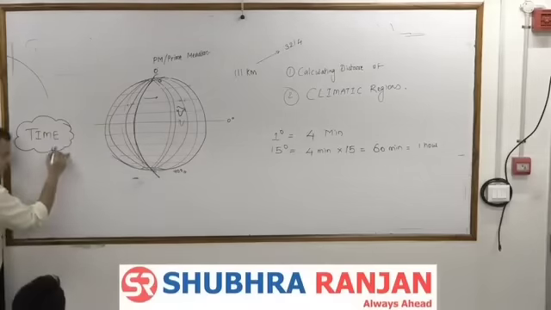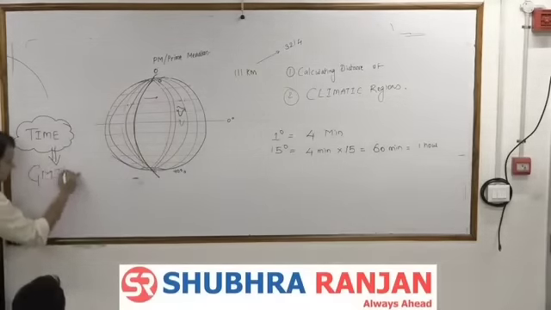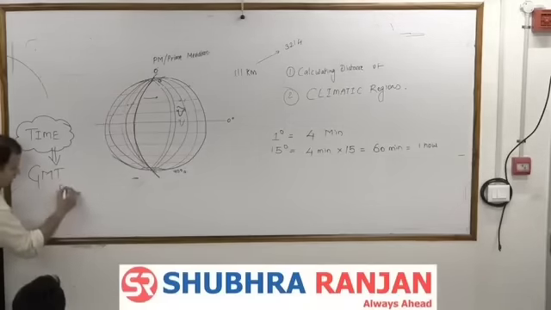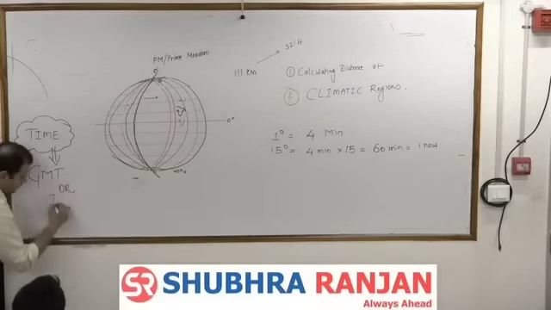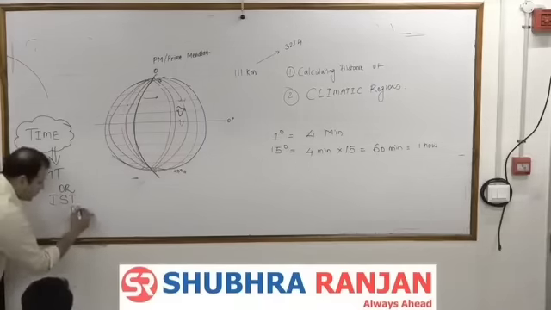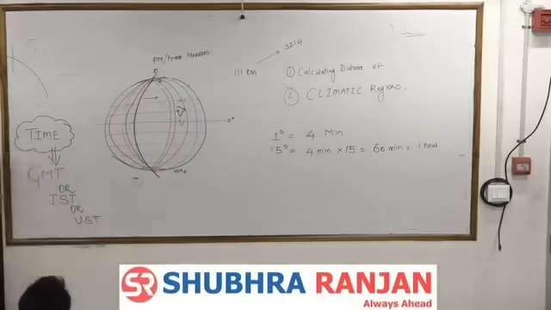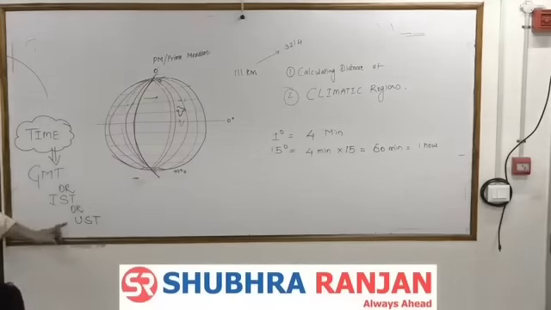With reference to the prime meridian, we call this Greenwich Mean Time, or International Standard Time, or Universal Standard Time. How do we calculate it?